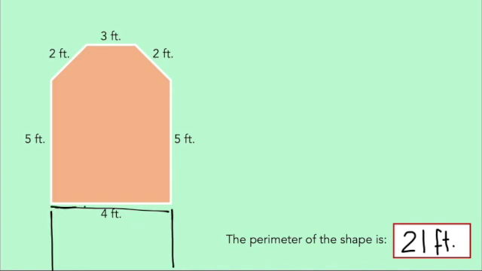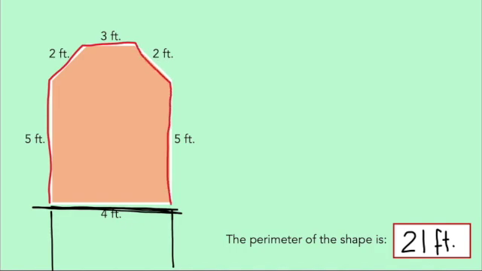Now, since the back of my house is right here, I probably wouldn't count that side. I would just have to find the perimeter of this section. So my fence would be in the red. My fence would have to go all the way around like this. Excuse me, my lines are not very straight, but I'm trying to do it with my mouse.